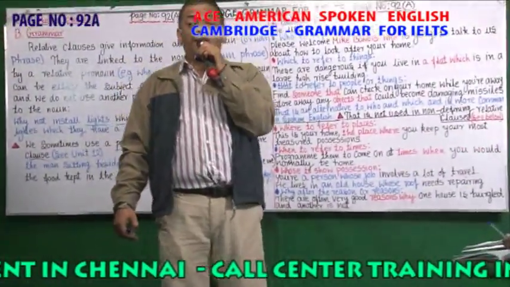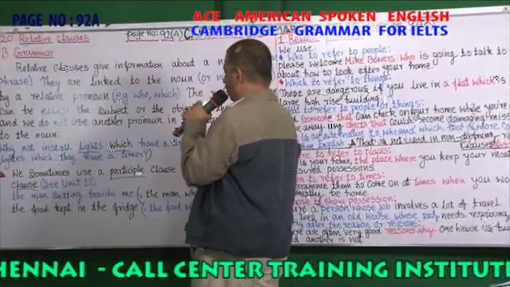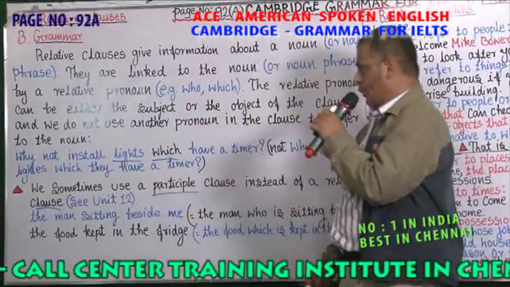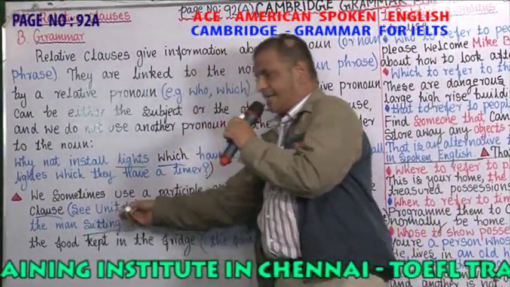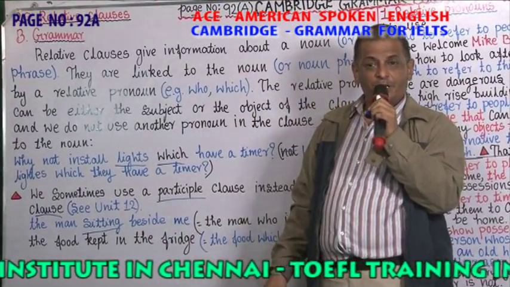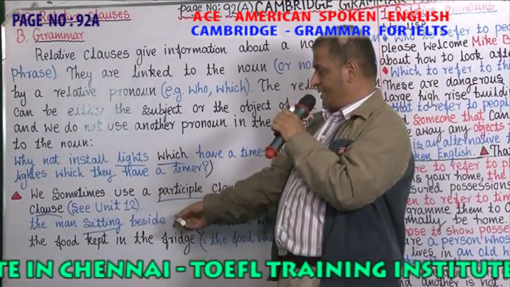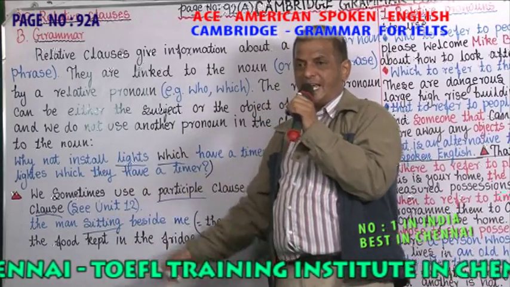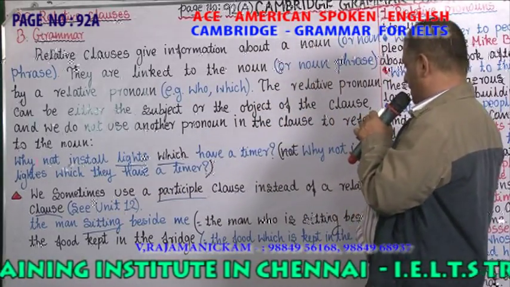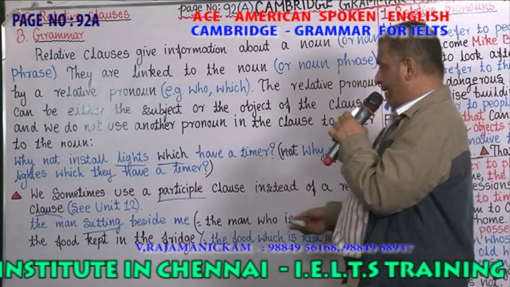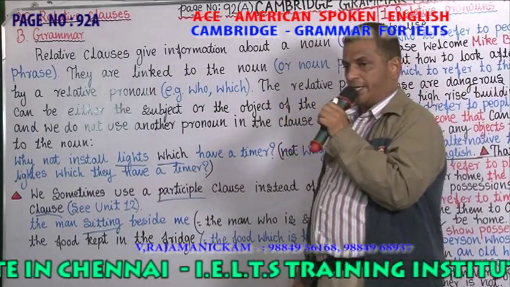We are using participles instead of which and who. The man sitting beside me. The man who is sitting beside me, the man sitting beside me. Instead of who, you're using sitting.